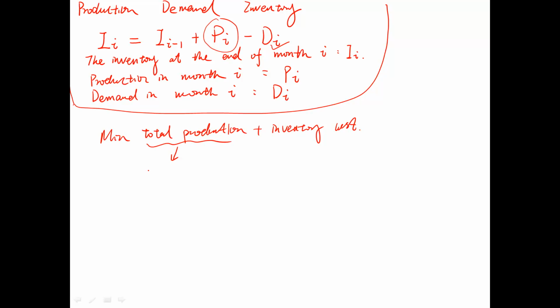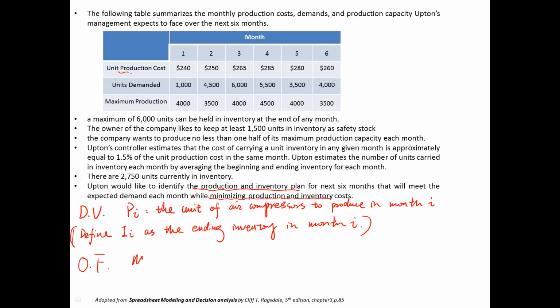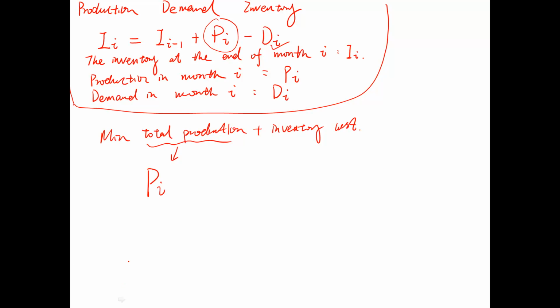It's the units you produce, because in that table the unit production cost is given. So that would be P_i multiplied by C_P_i, the unit production cost, going from 1 to 6. And this part would be the inventory cost.